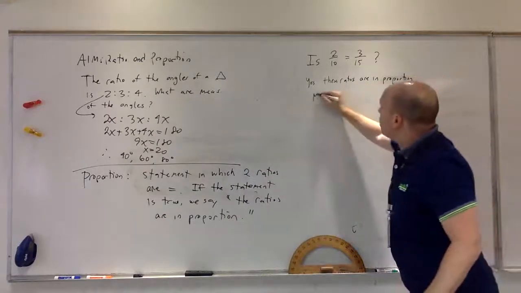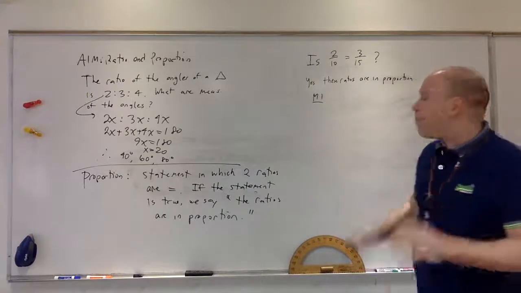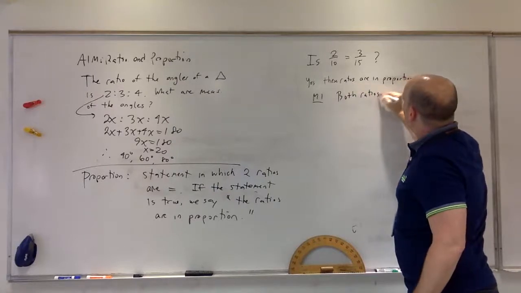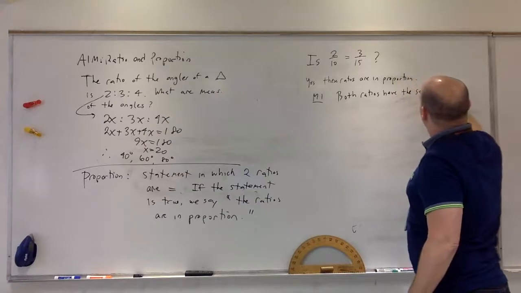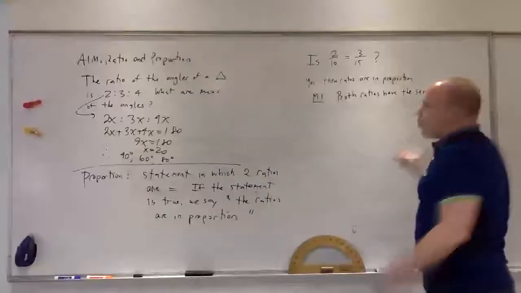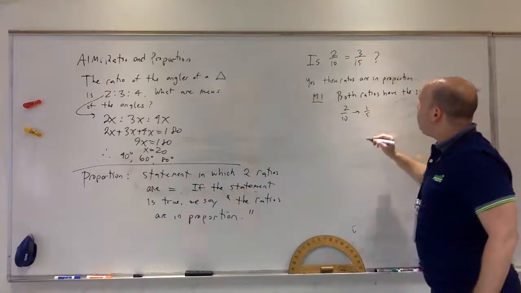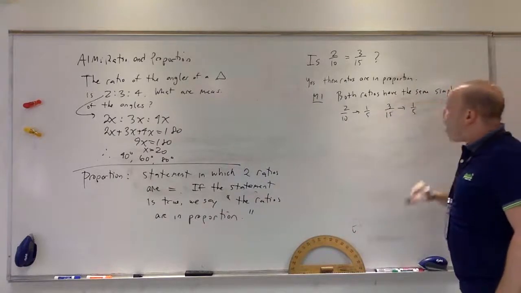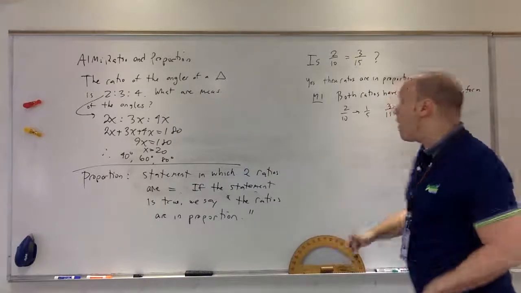Well, method one is that both ratios have the same simplest form. Because you would say, okay, well, 2/10 is like 1/5, and 3/15 is 1/5. Because they both have the same simplest form, the ratios are in proportion.